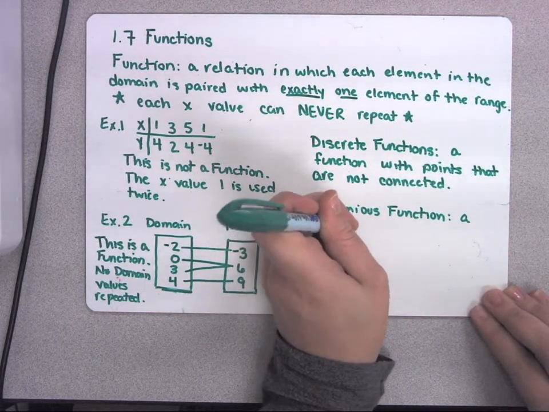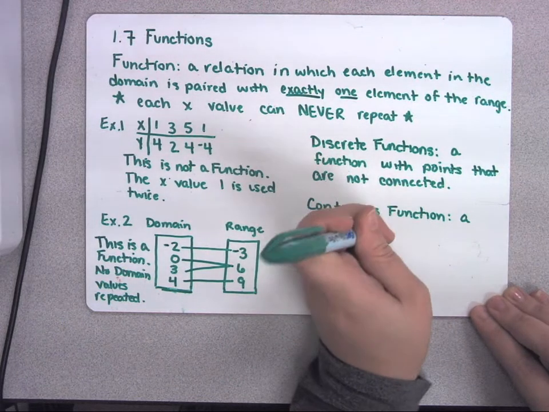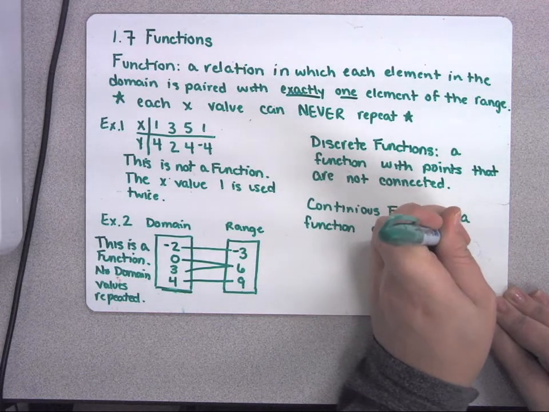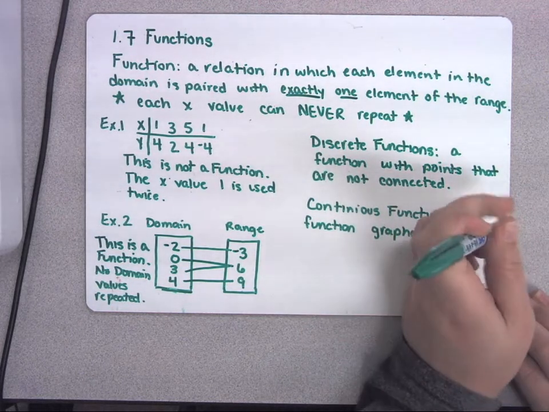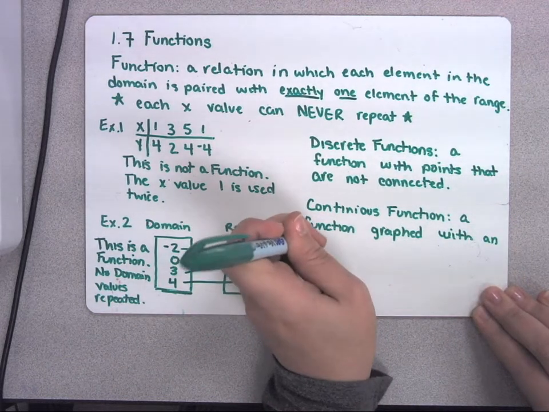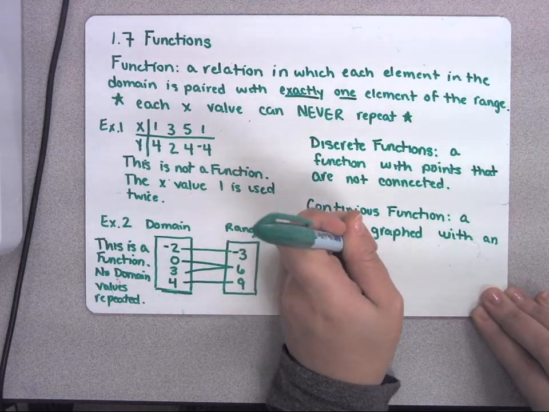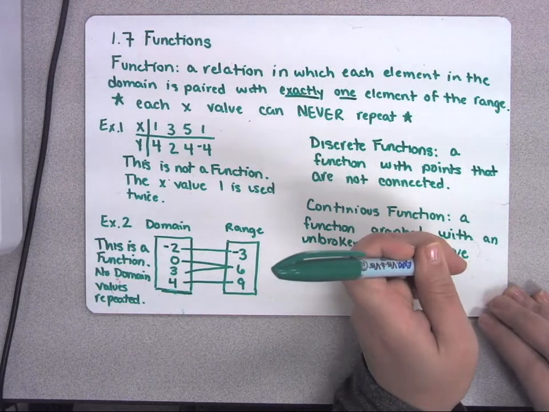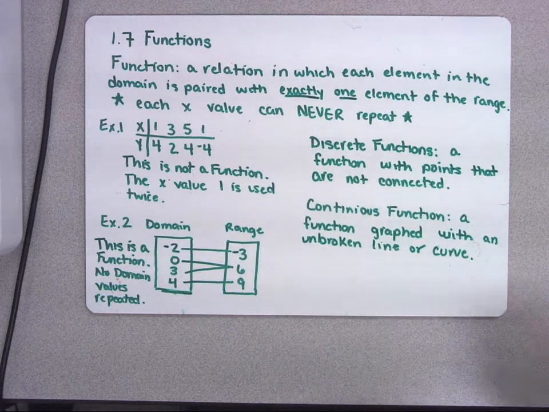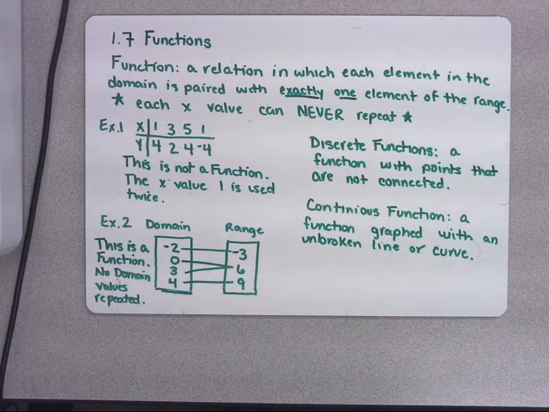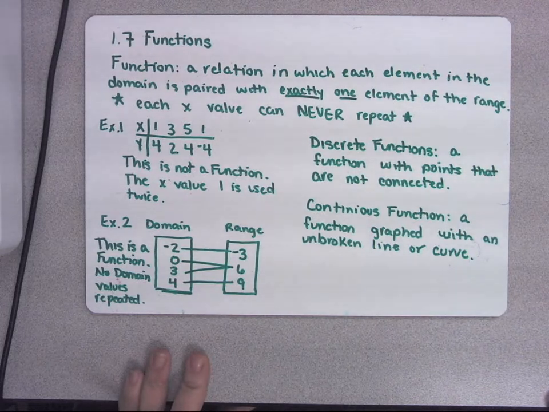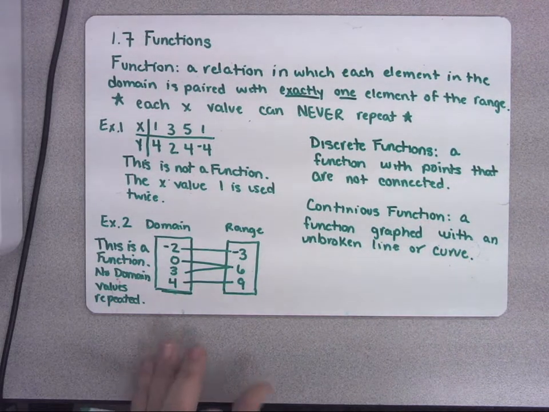A function graphed with an unbroken line or curve, because we do curves in this one, period. So a continuous function has no breaks whatsoever. Just important to know that in this class, we're going to talk about all kinds of graphs, straight lines, and curvy ones. In algebra, we like curves. Okay?